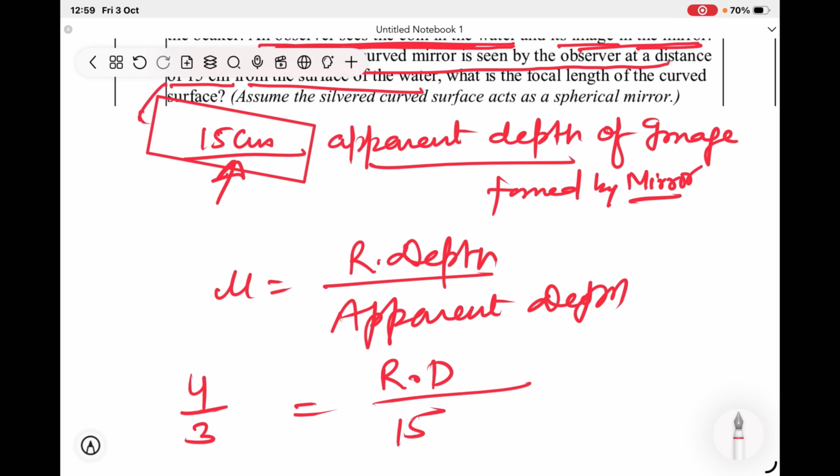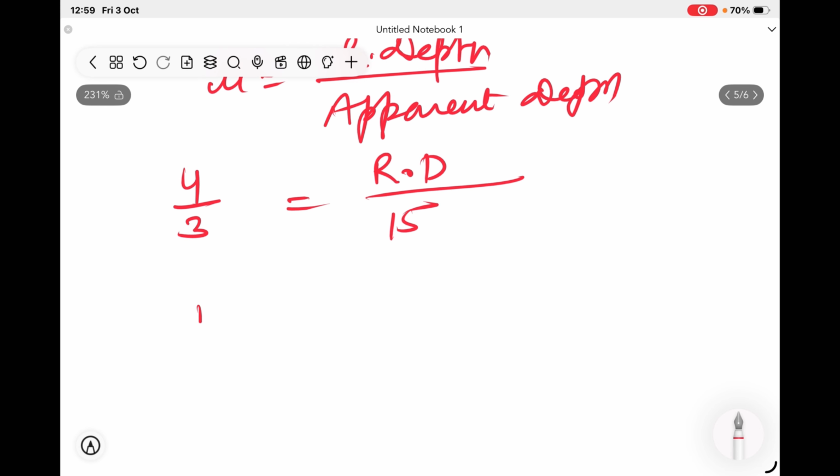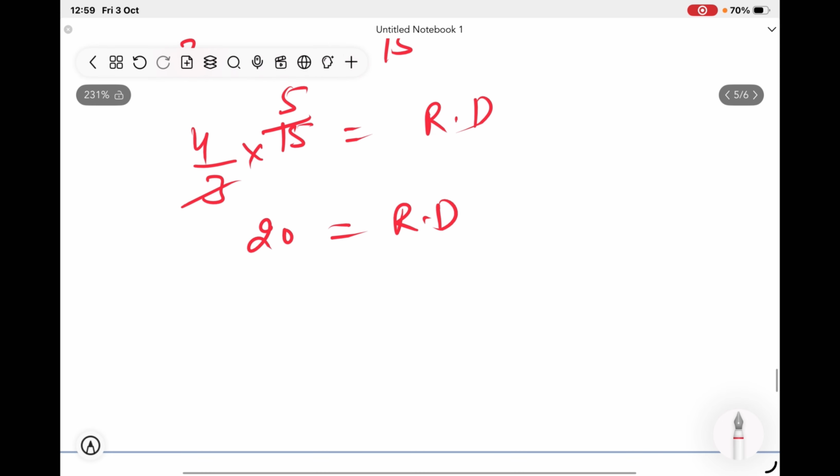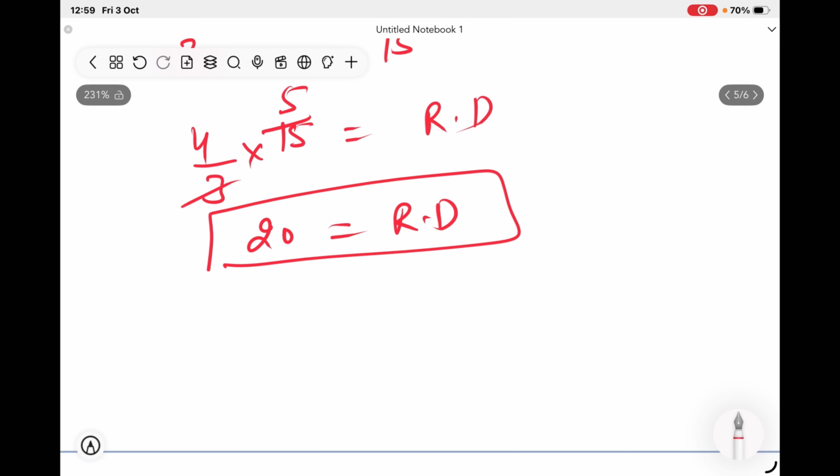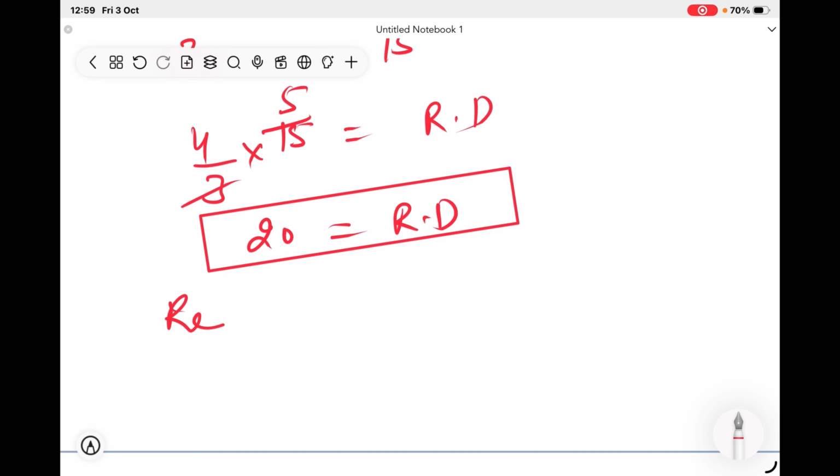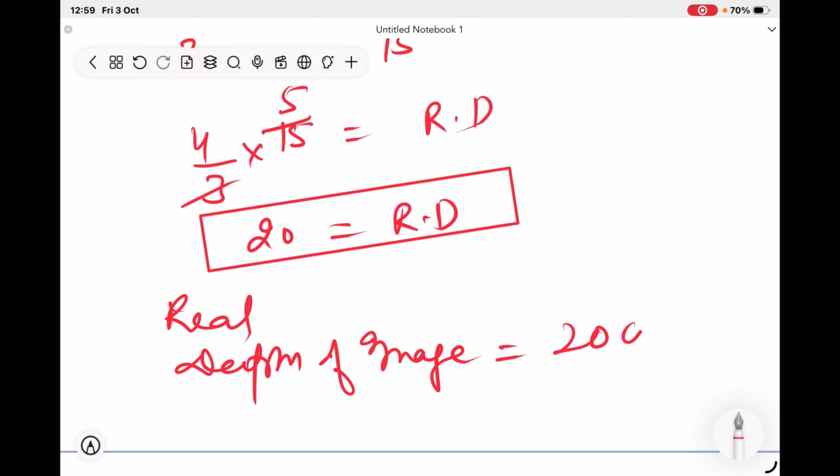Now the real depth of the image formed by the mirror will come. So this is 20. The real depth of the image of the coin comes as this. Real depth of the image formed by the mirror is 20 centimeter.